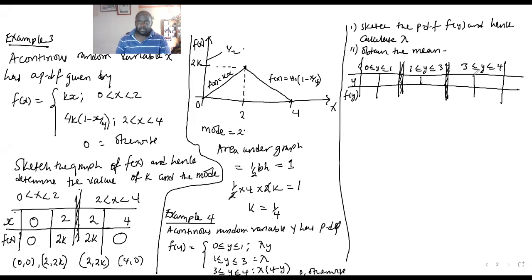And in this region also we have 2 values there we can use to estimate. So the first one has 0 and 1. The second one has 1 and 3. That one has 3 and 4. In the first region, when y is 0, we get 0. When y is 1, we get lambda. In the second region, do you see the second region? It is very tricky. It does not have y.